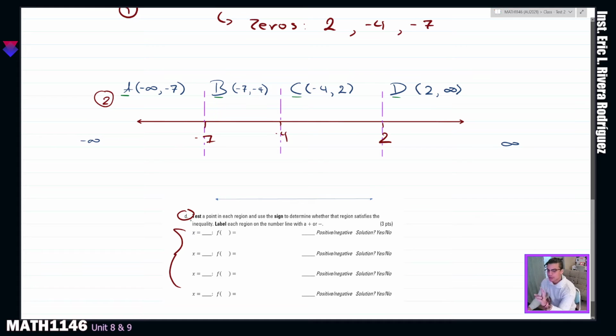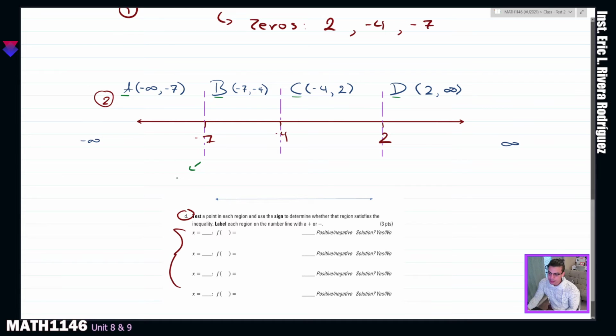So you are going to see now the two versions on how to solve this exercise. We can identify a value for each region, an x value that represents each region, and then test the polynomial to see if the y value is positive or negative on that particular region. Or we can take advantage of what we know from the polynomial.